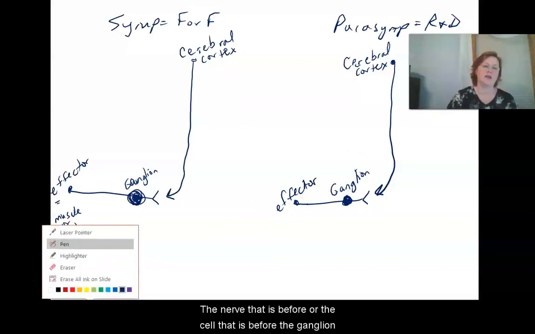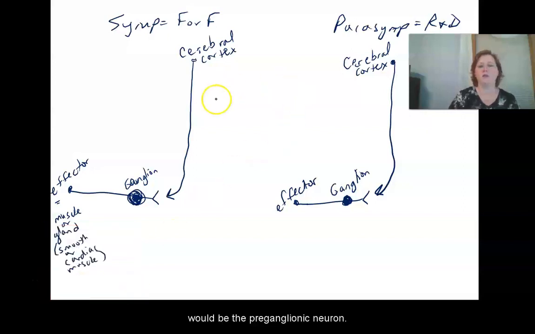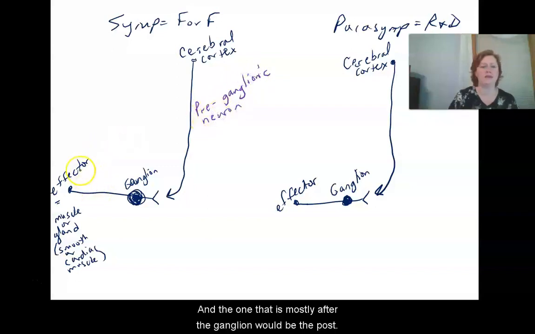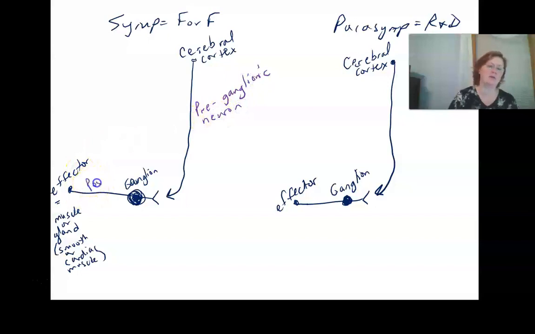The nerve, or the cell, that is before the ganglion would be the preganglionic neuron. And the one that is mostly after the ganglion would be the post. So this is my postganglionic neuron.